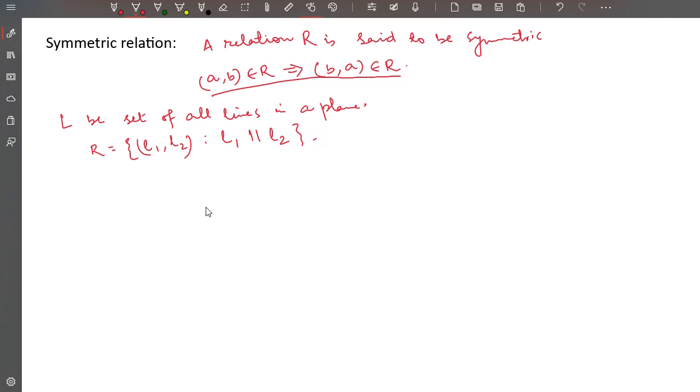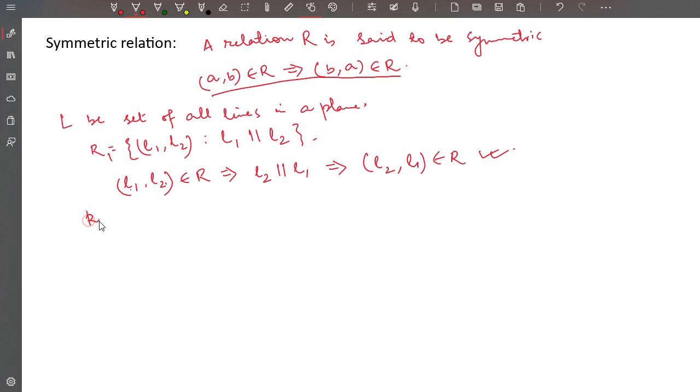So if (L1, L2) belongs to R, take any two lines. L1 is parallel to L2, it means L2 is also parallel to L1. That means (L2, L1) are related. So this is symmetric.